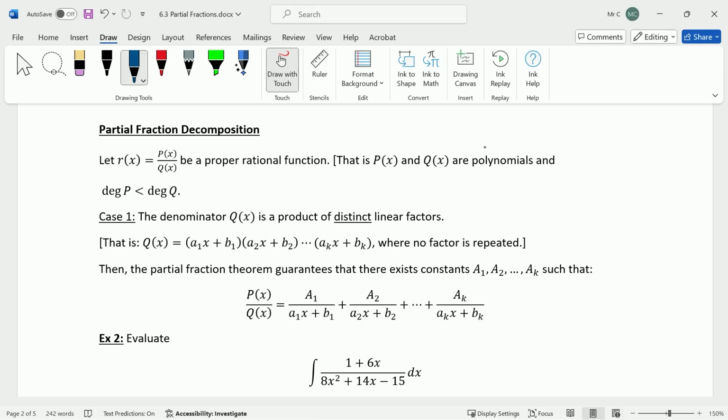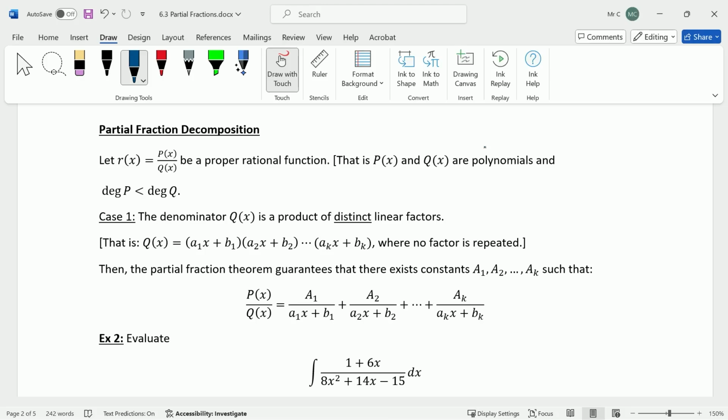And regretfully, since linear algebra is not a prerequisite for this course, I can't really give you a rigorous breakdown of why partial fraction decomposition works, because we don't have the prereq knowledge for the class. Nonetheless, it is a very important process that we've got to be able to do in order to solve a lot of these integral problems, so we're going to go through the process together.